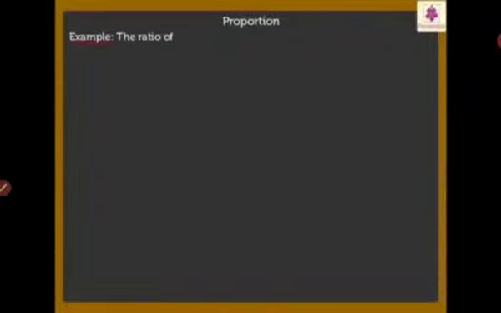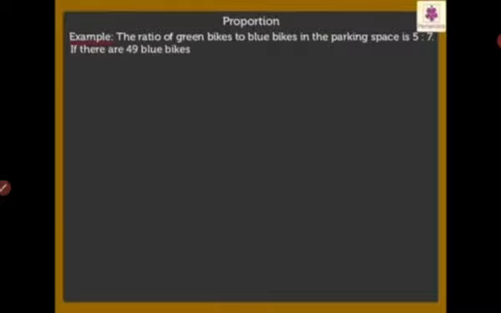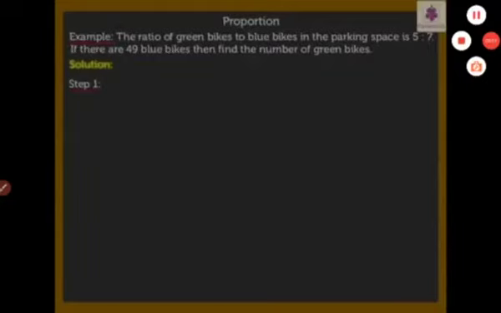The ratio of green bikes to blue bikes in the parking space is 5:7. If there are 49 blue bikes, then find the number of green bikes. To do this, we need to follow 3 simple steps. Step 1.